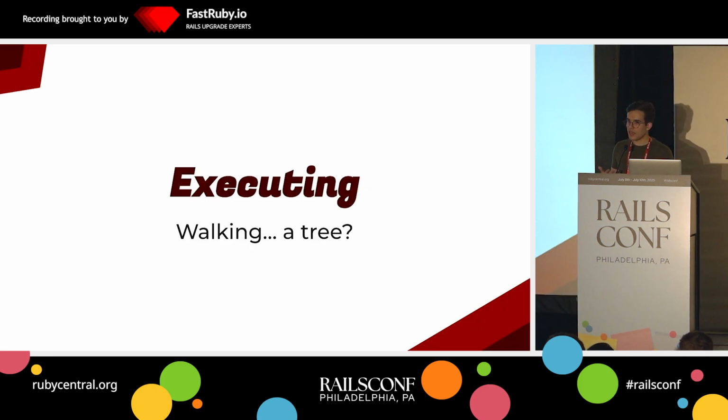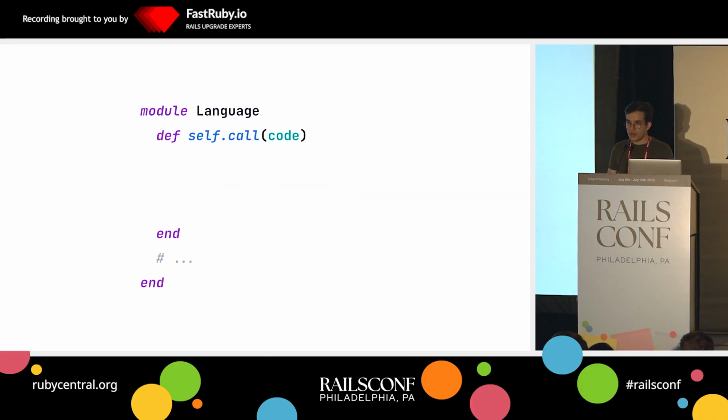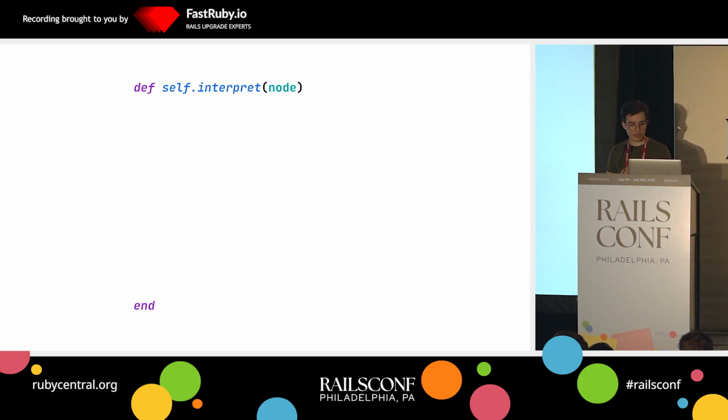But how do we execute it? How do we run this language? Well, we add another step to our language. We tokenize the code, then we parse it. Now we're gonna interpret it. And to interpret the AST, we receive the node, and we check its type. If it's a number, then we just return its value.